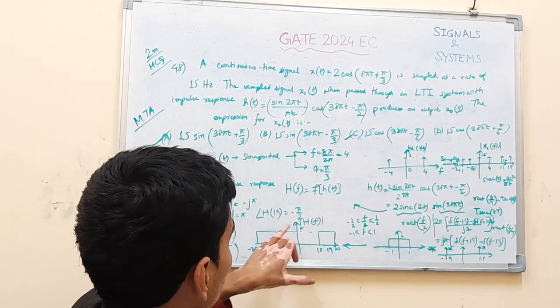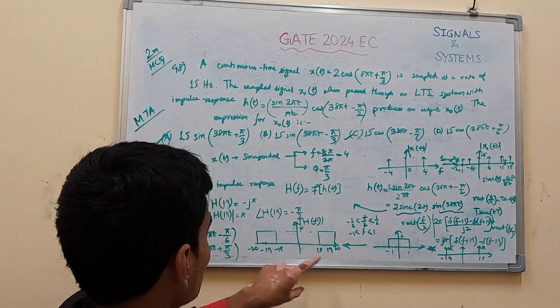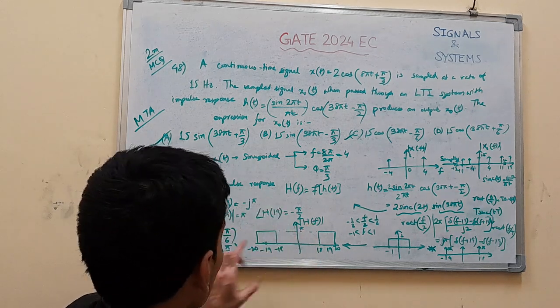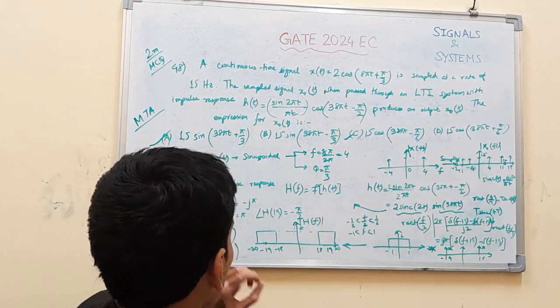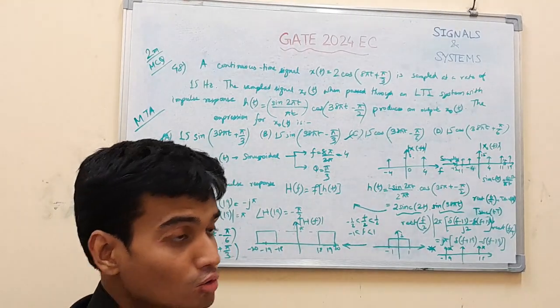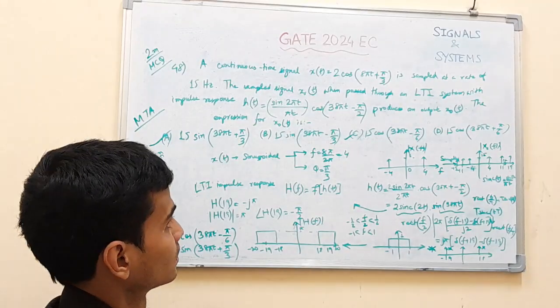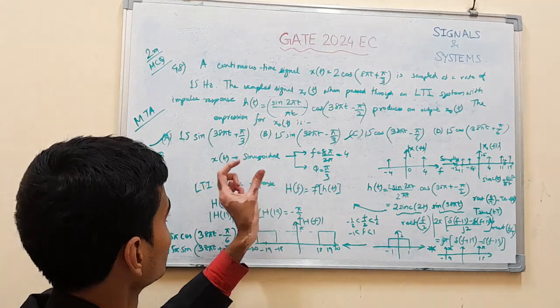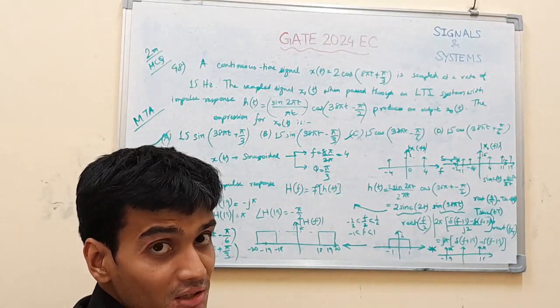So the magnitude of the filter at that frequency is considered, and the corresponding magnitude is multiplied with the magnitude of the sampled signal, and the phase is added to get the expression of the output as this. As the factor pi is missing, the option is incorrect, though the question is correct.